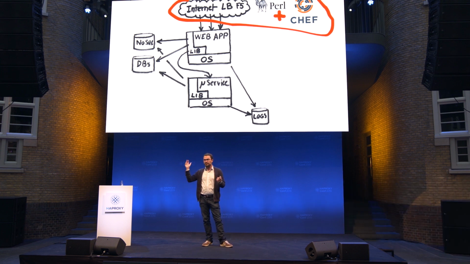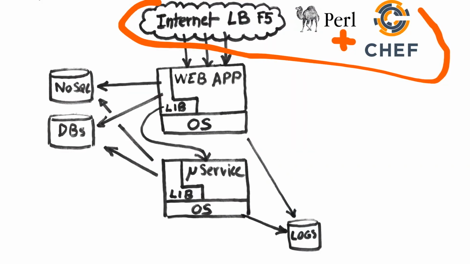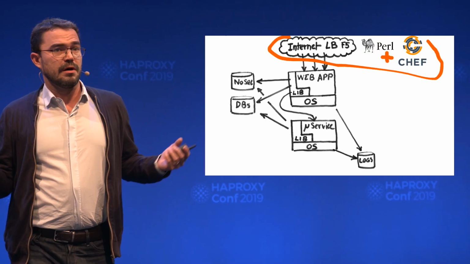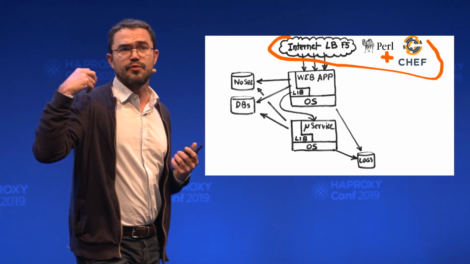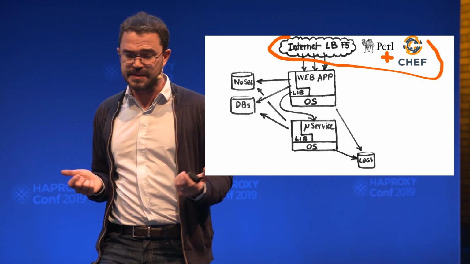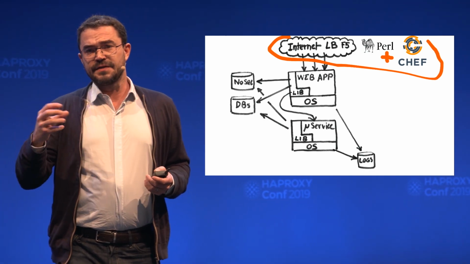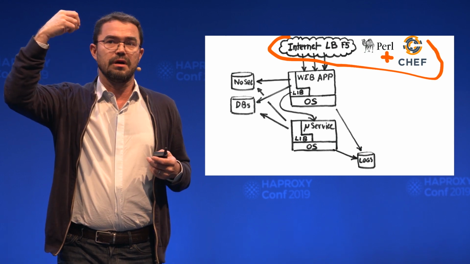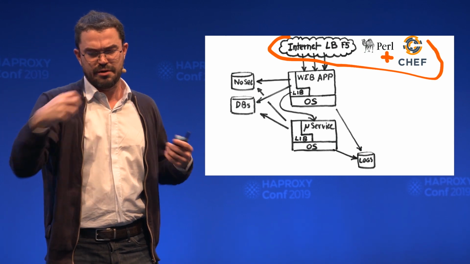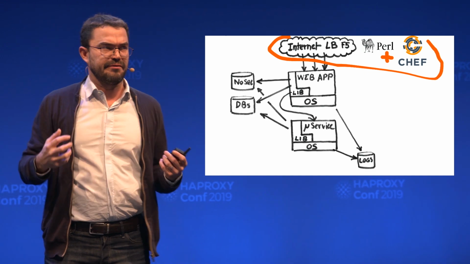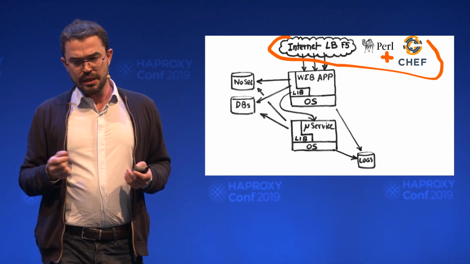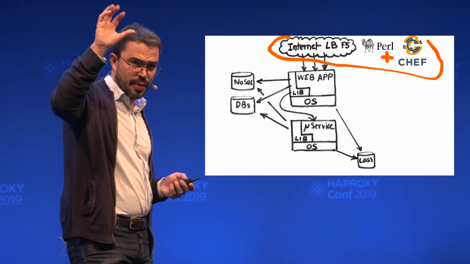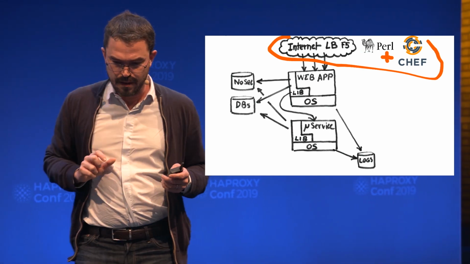The load balancer was configured by various Perl shell scripts, huge ones, also by data coming from Chef, which is the configuration management system we use at Criteo to deploy all those machines. And for those balancers, we configured some health checks in order to know whether the web application was behaving normally or not. So this was the part coming from the north.